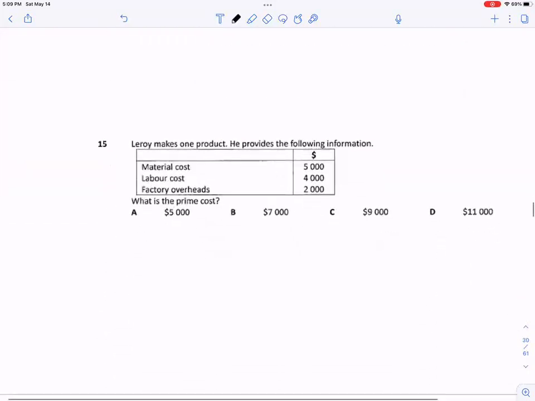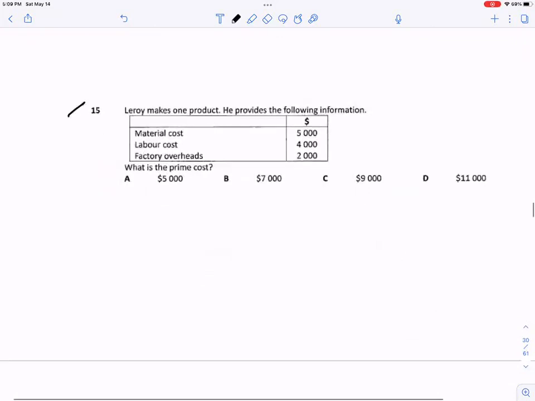Go to the next one. Prime cost is not D. It is direct material plus direct labor, which is 9,000, C. This is direct material, this is direct labor, this is factory overheads.